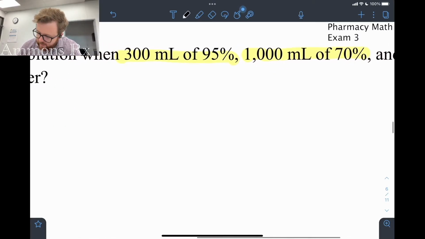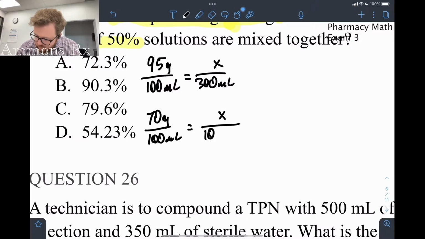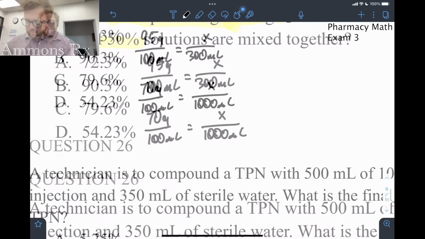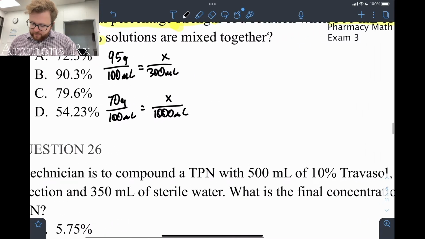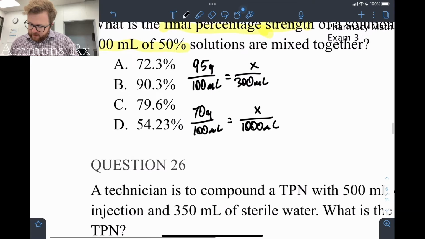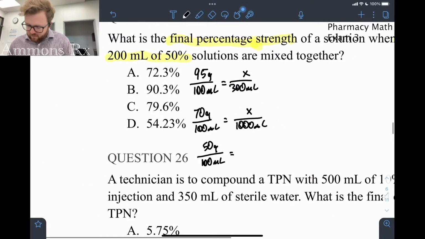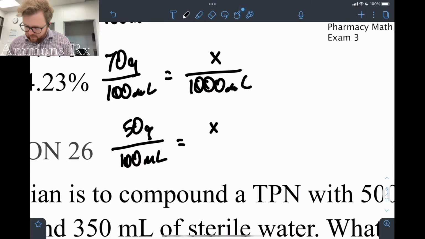And we had 1,000 mils of 70%. Okay, so we have our 70%, and then the last one is our 50%, and we had 200 mils of that.